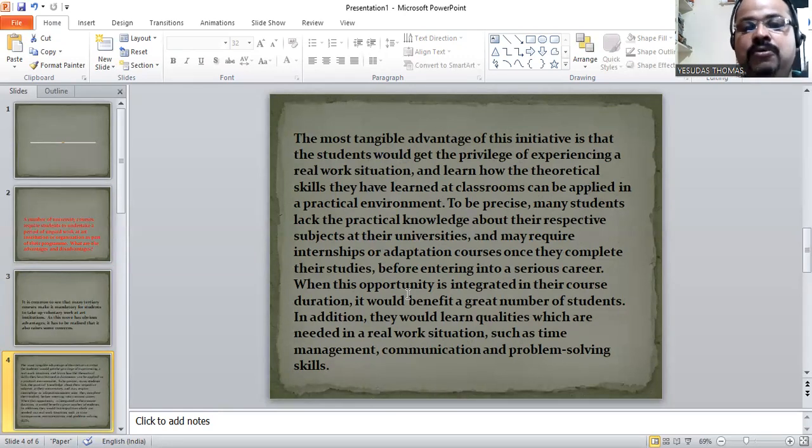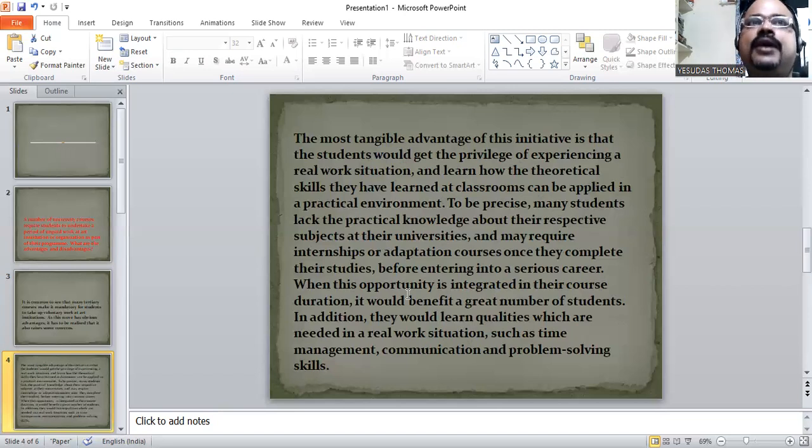They would learn how theoretical skills can be applied in a practical environment. Now, this is a situation where many students lack practical knowledge, and nowadays they require internships, apprenticeships, adaptation courses.